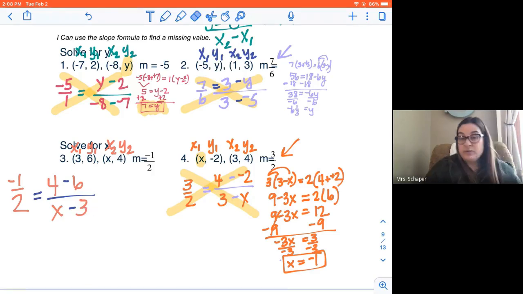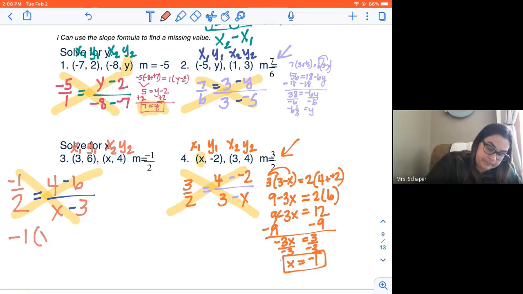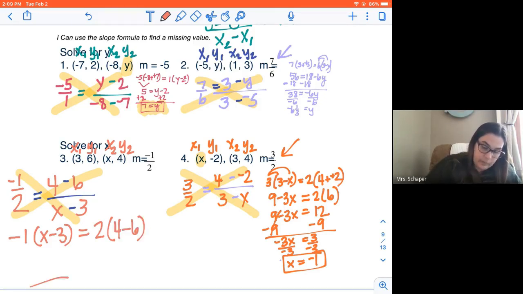So what I'll do then from here is cross products. I'm going to multiply diagonally. -1 times the quantity x minus 3 equals 2 times the quantity 4 minus 6. So I'm going to distribute.